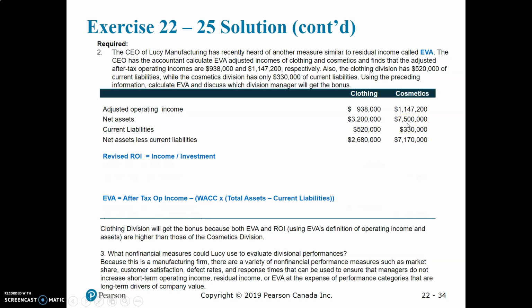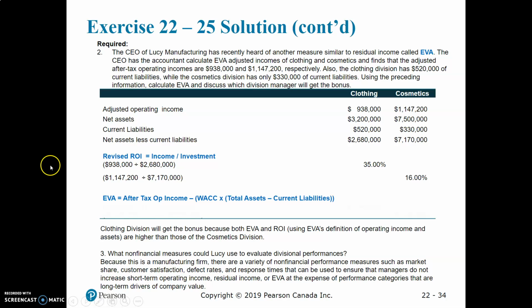And now, with the additional information provided as part of question number 2, we know that their current liabilities are $330,000. Hence, the investments for the cosmetics division are now at $7.17 million, which is net assets of $7.5 million minus the current liabilities of $330,000.